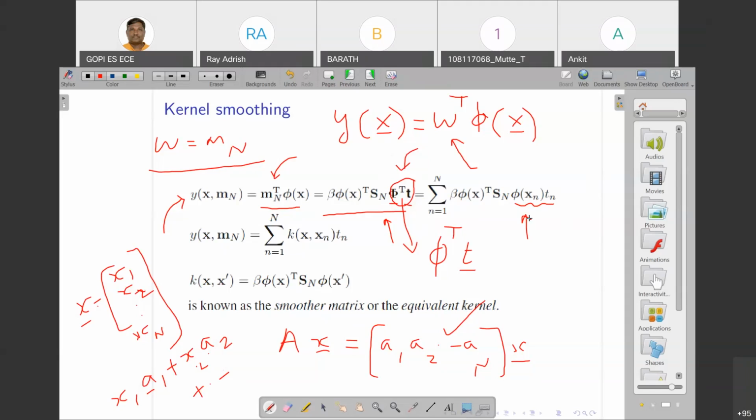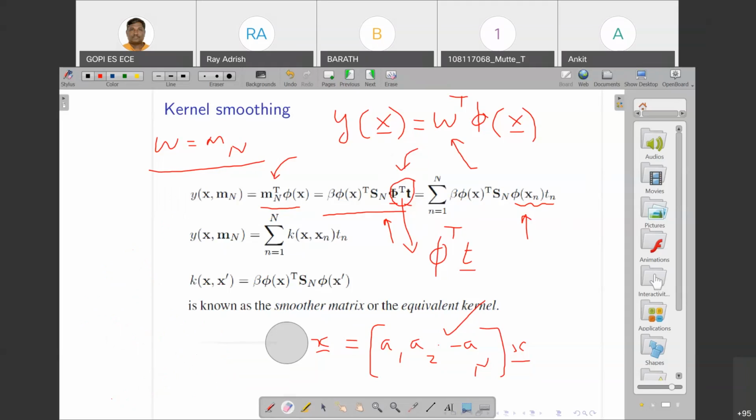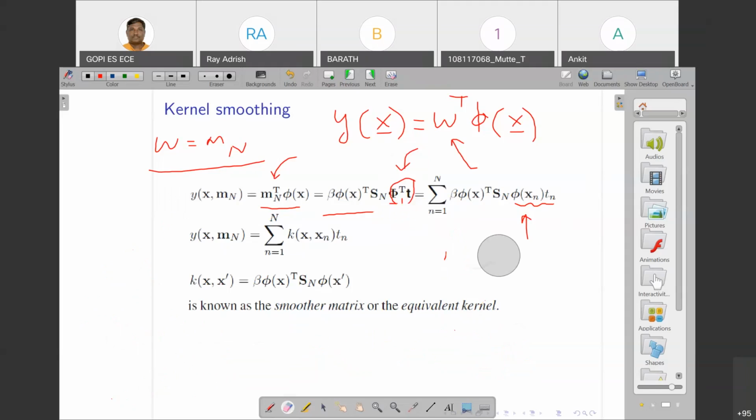But what is more interesting now is if I relook into this expression and replace this part, starting from here, this beta into phi of x transpose Sn phi of xn, right?